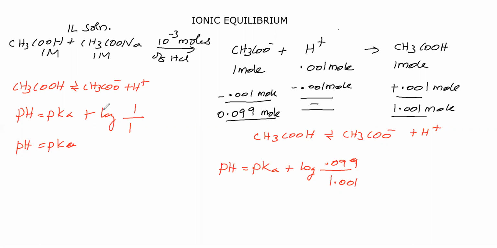Correct? Sir, that means we said one definition for a buffer solution. What is the definition? A buffer solution will not change its pH on adding a small amount of acid. But what happens here? Is the pH changing or not? The pH is changing. Then why do we say that definition?